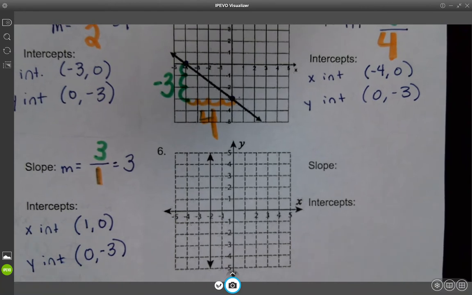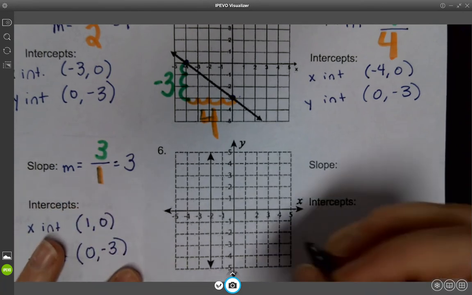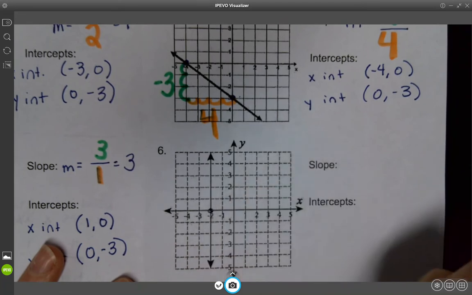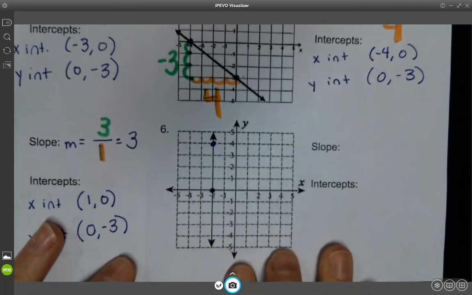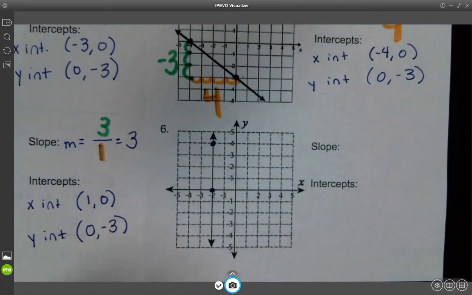Number 6, let's just find 2 coordinates. Say the x-intercept, and then let's just go up to here. So -2, 0, and -2, 4 are going to be the coordinates that I'm using.